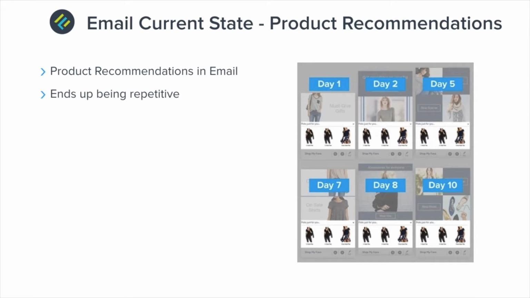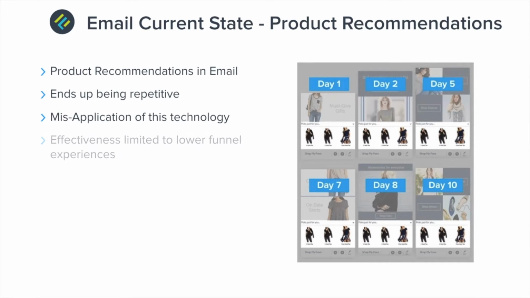This often ends up being really repetitive, and in a sense, putting product recommendations in most emails is a misapplication of this technology. This sort of product recommendation, wisdom of the crowds, is called collaborative filtering. It really is limited in its effectiveness to the lower purchase funnel, where you know precisely what a customer is interested in.